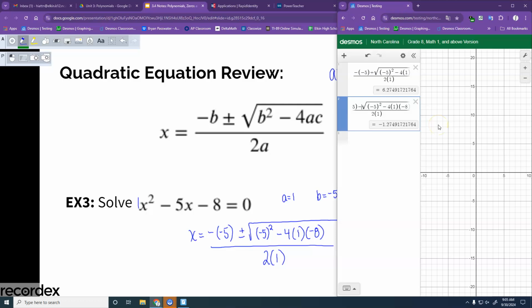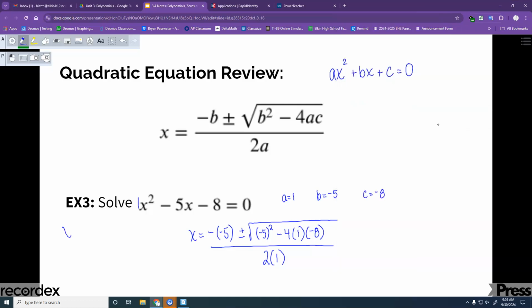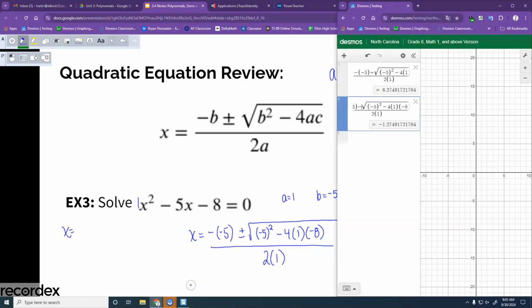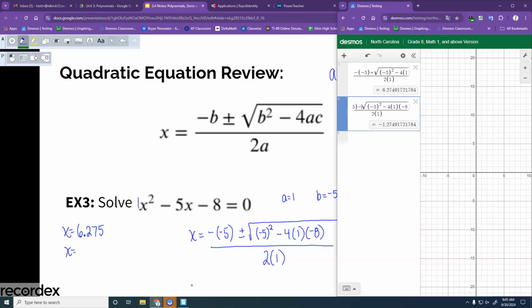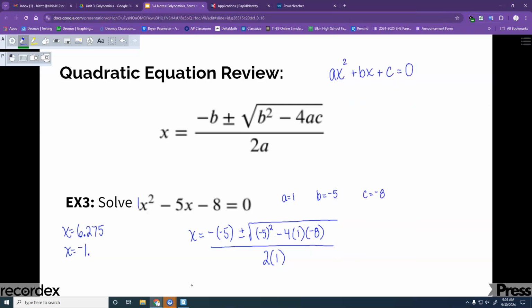If they're wanting decimal answers, you can just write x equals 6.275, and then x equals -1.275.